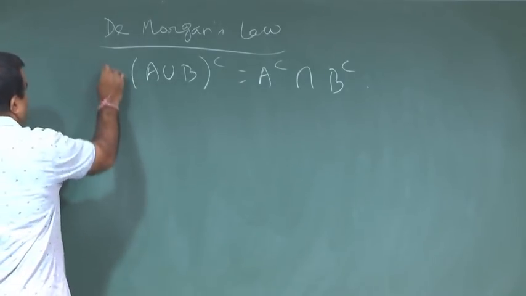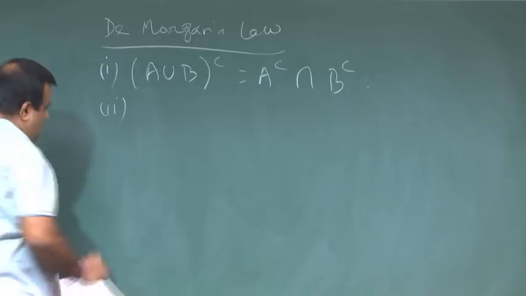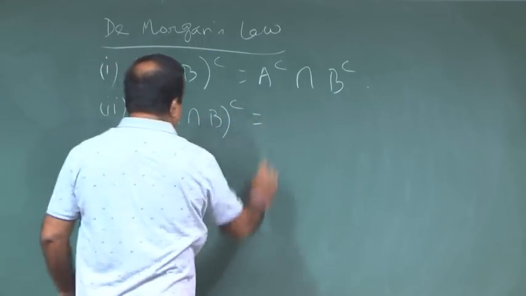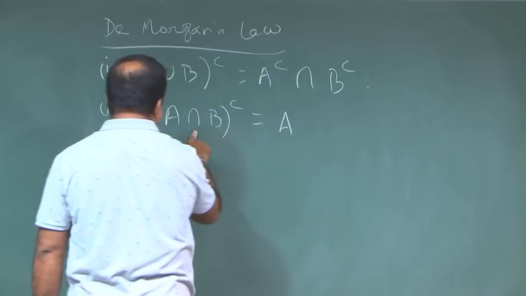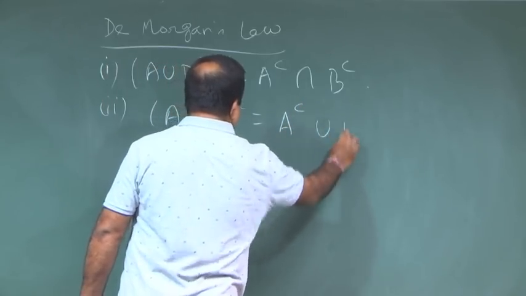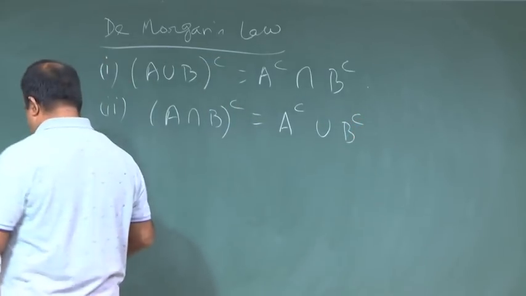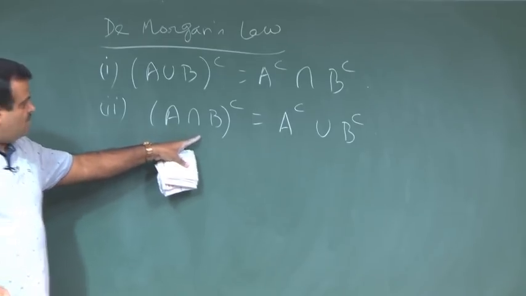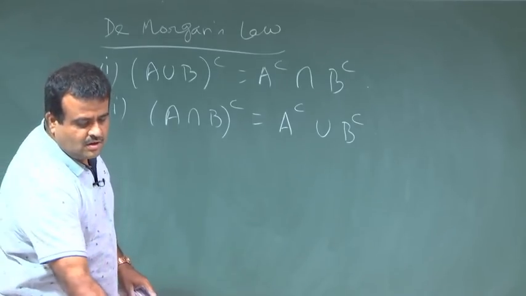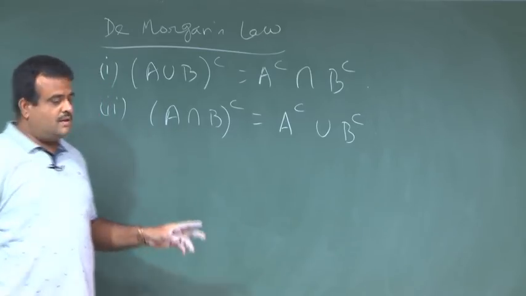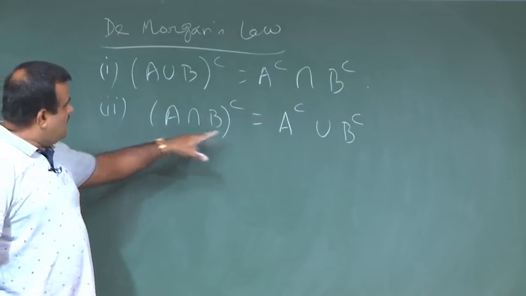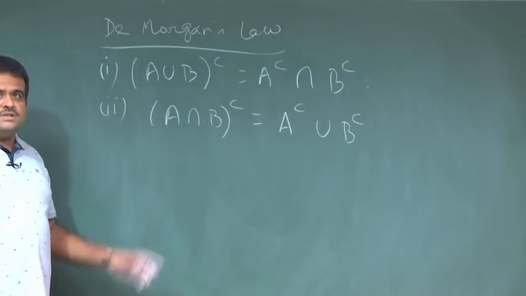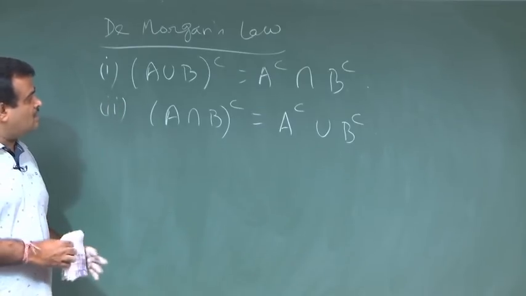This is the first De Morgan law, and the second one is with the intersection. The complement of (A intersection B) will be equal to A complement union B complement. So, these two laws are called De Morgan's laws.